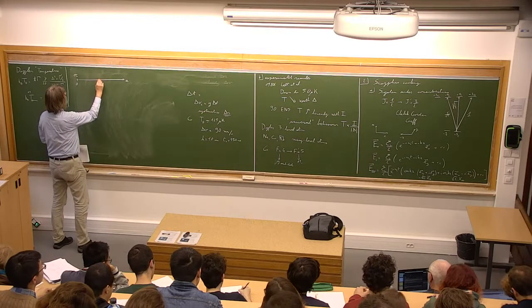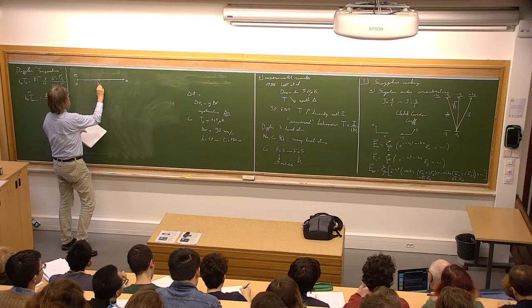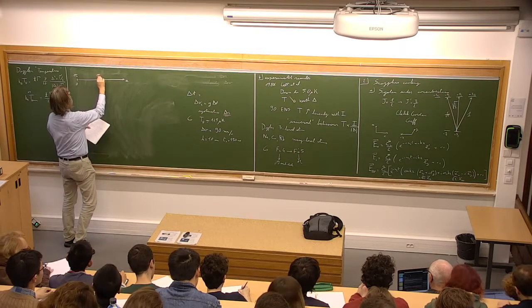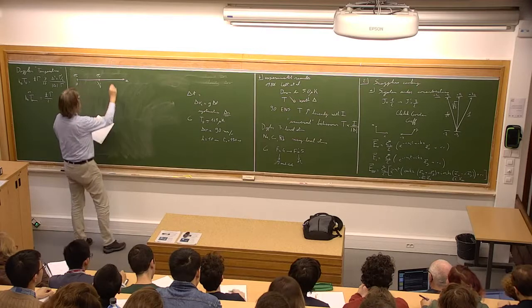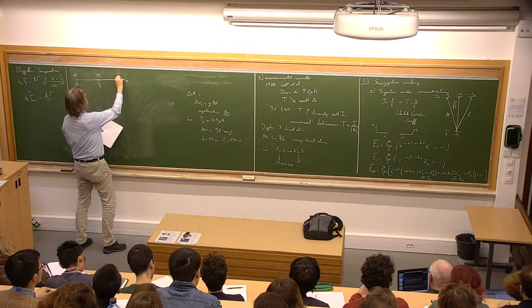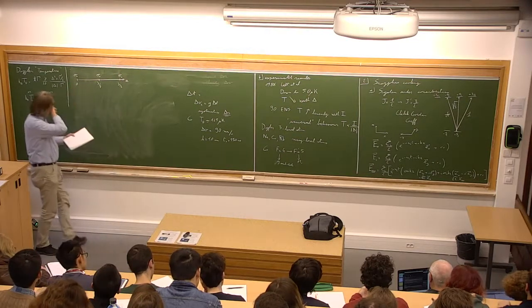If I go to lambda divided by 4, at that point I have sigma minus light, and then again at lambda divided by 2 I have sigma plus light.